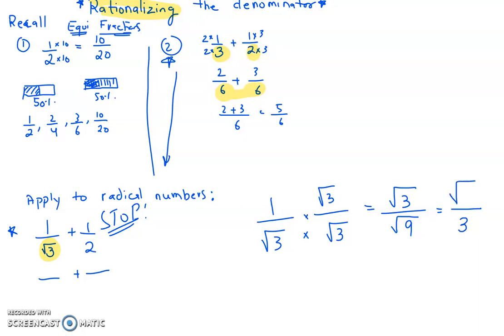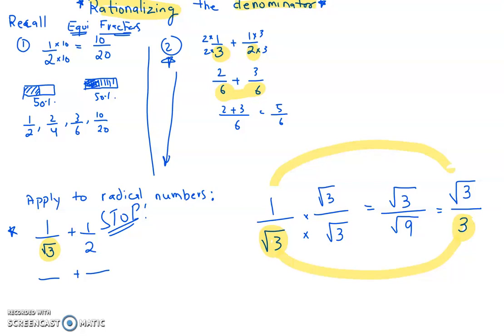We don't care about what happened to the numerator. We wanted to rationalize the denominator. That was the problem. The denominator went from root 3 to just 3. Yes, I complicated my numerator, but that's okay. That is not something we're going to be concerned with. We just don't want the denominator ever to be a radical number.